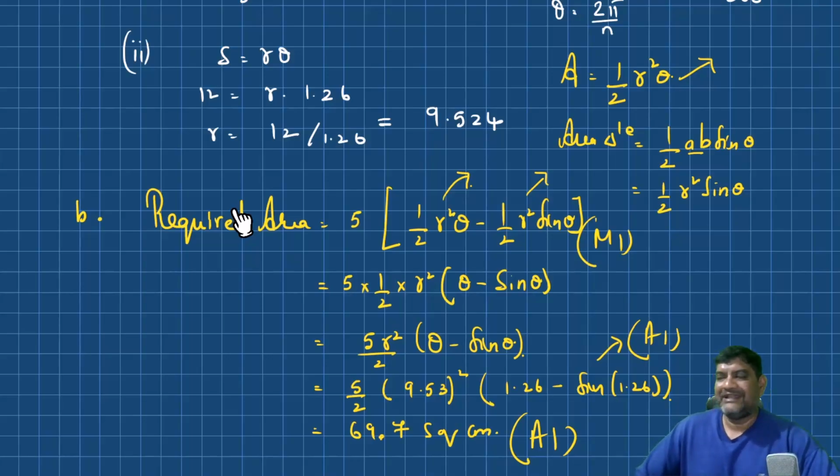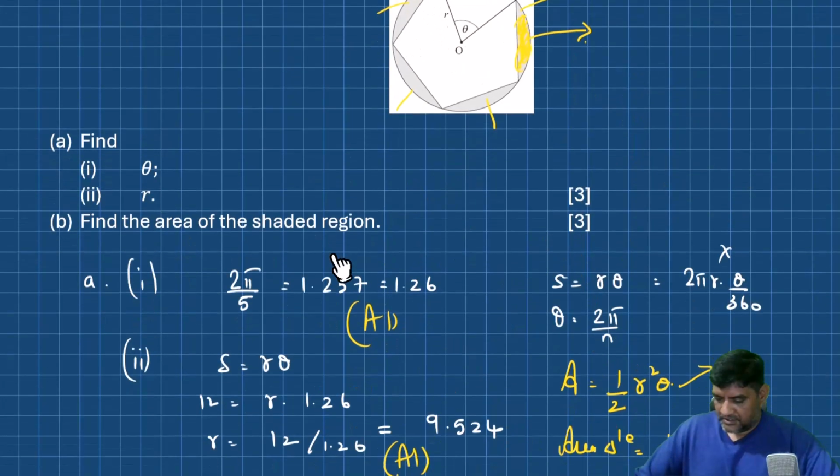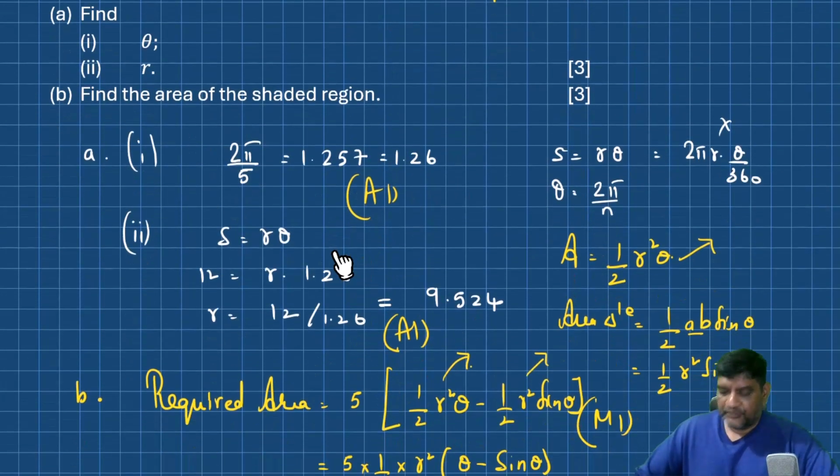There's one other method where you will be using the area of a triangle, multiplying it with 5 to get the area of the pentagon, and then subtracting the pentagon area from the circle area to get the same answer. And then for getting 9.52 or 9.5, anything around that, is A1, and then you have another A1 mark over here, and another 1 mark for using the formula itself, which is that.